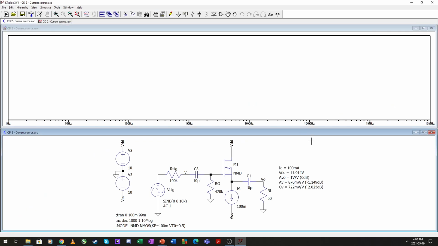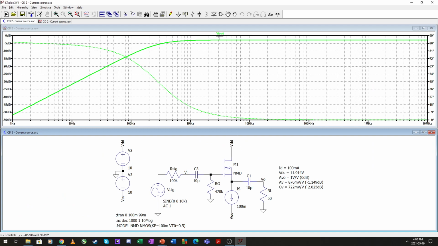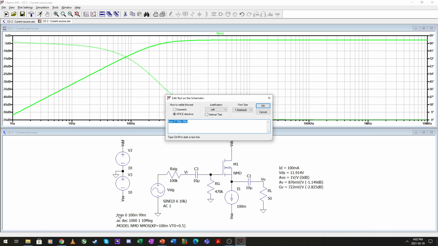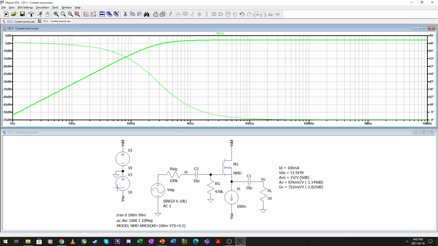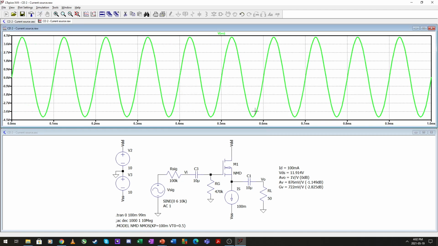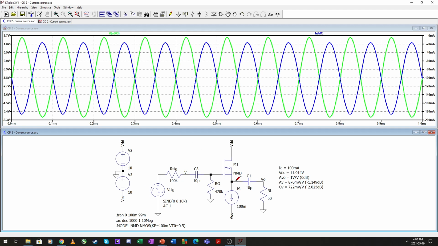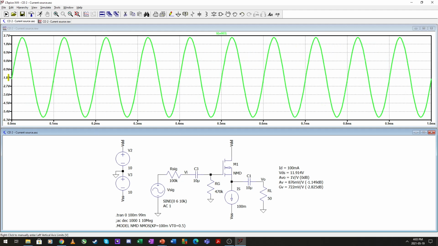So if we run this, we first have our AC, so minus 2.8 decibels. We are more interested here in the DC analysis. So if we run it like this, you can see that this is running right on top of that 100 milliamperes of a current source, and that is at minus 1.8. So 10 minus 1.8 is 11.8.